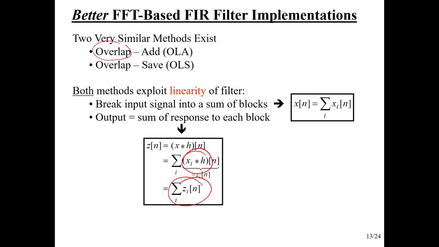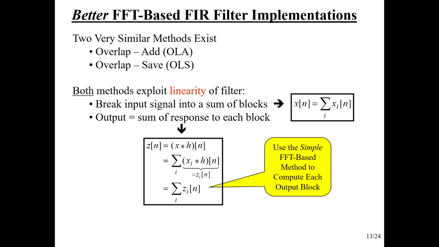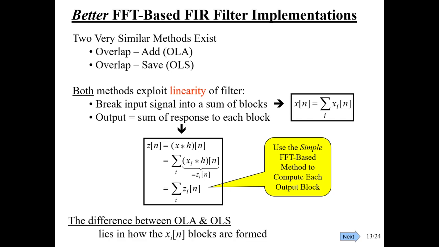So that's the overlap add, OLA. And how do we do those individual block convolutions? Oh, we just use the simple method that we just learned about. See how this all builds. One thing we learn, and then we say, oh, that's a problem, but now we're going to do a new thing, but it's based upon the old thing.